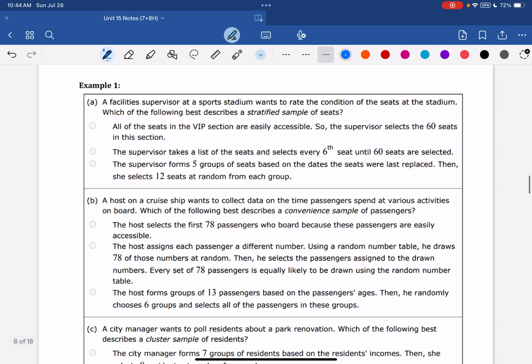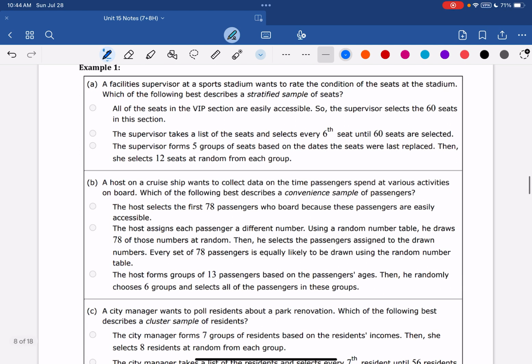Okay, so now we're going to be looking at some examples and determining what type of sample is used. A facility supervisor at a sports stadium wants to rate the condition of the seats at the stadium. Which of the following best describes a stratified sample of seats?